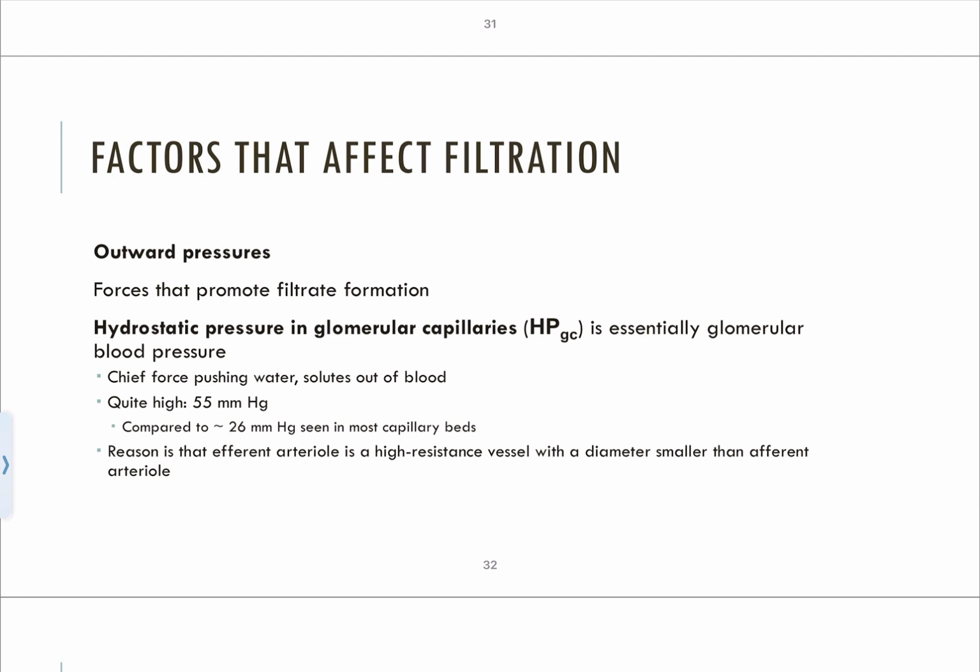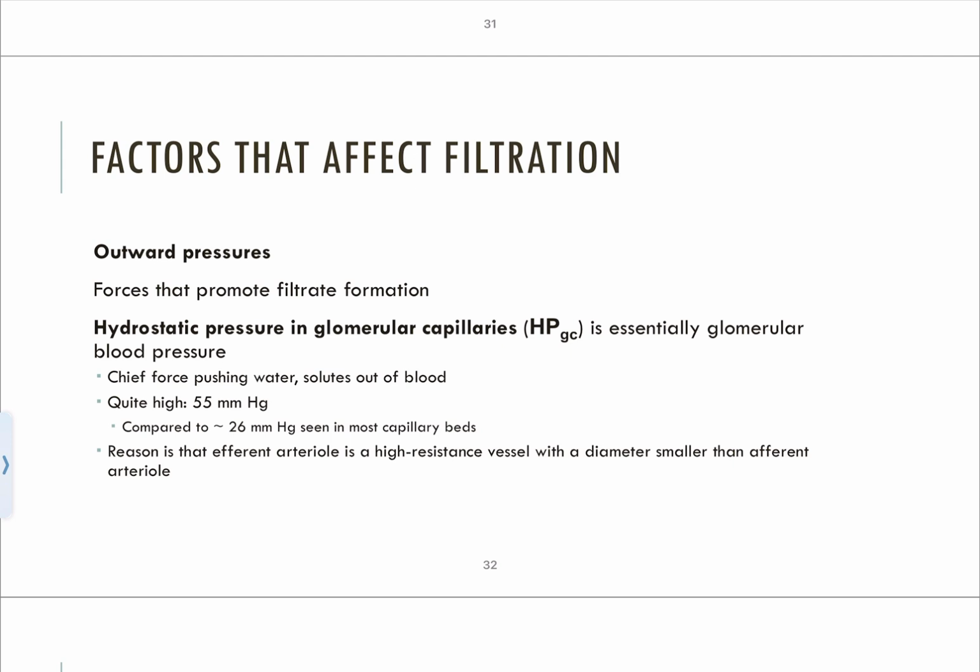The most prominent one is our hydrostatic pressure in our glomerular capillaries, which is abbreviated as capital H, capital P, with a subscript of GC for glomerular capillaries. And this pressure is essentially the glomerular blood pressure. It is the chief force that's pushing the water and solutes out of the blood and across the filtration membrane.